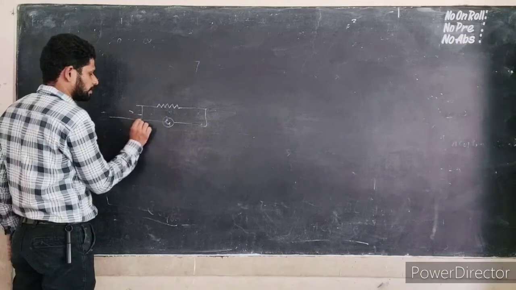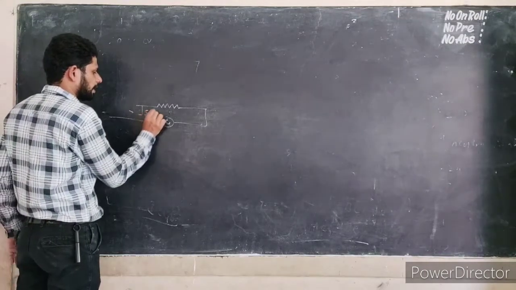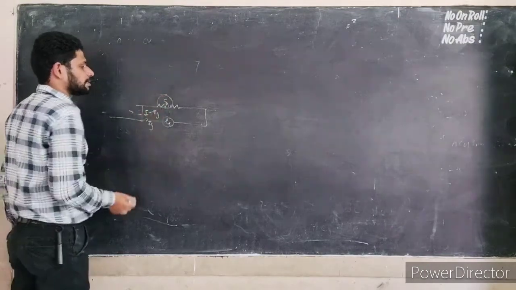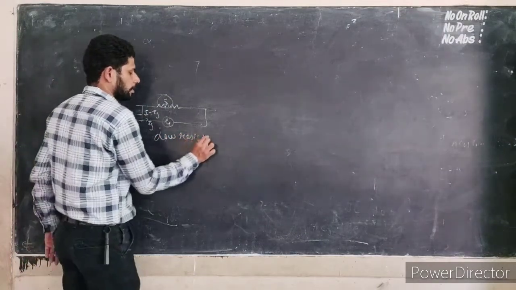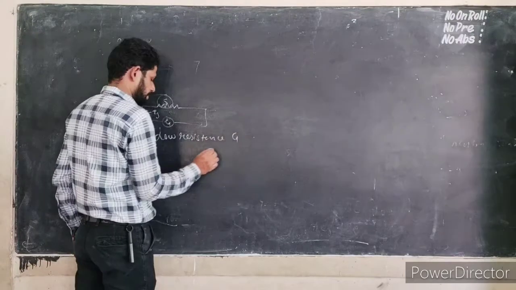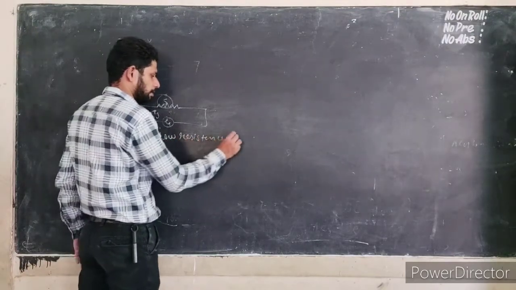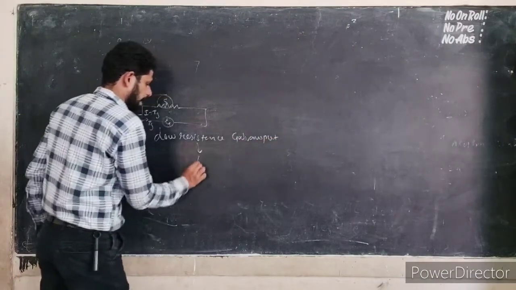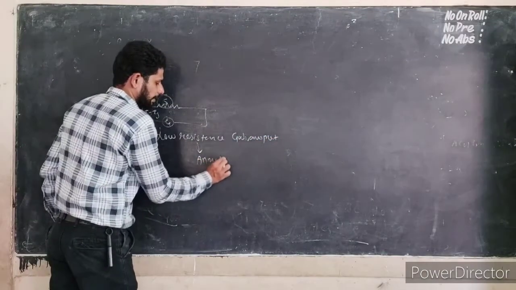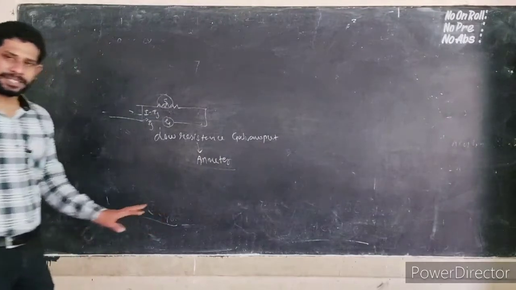At this junction, it will split up into the galvanometer current Ig and I minus Ig. This one we call the shunt resistance: a low resistance parallel to the galvanometer produces an ammeter.